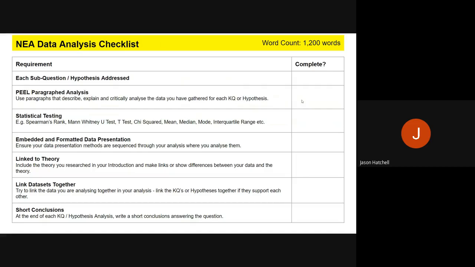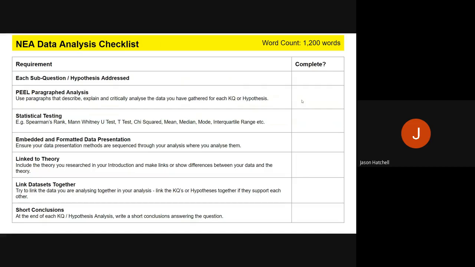All of your work should be paragraphed, and it should describe, explain, and critically analyze the data you've gathered. It should have, depending on the investigation, some sort of statistical testing involved. So you might have a Spearman's rank calculation, or a Mann-Whitney test, or a t-test, or a chi-squared test, or mean, median, mode, or interquartile range.